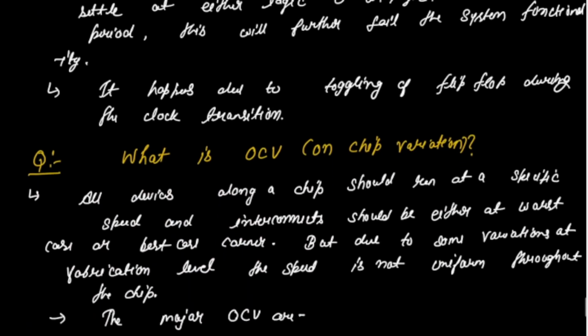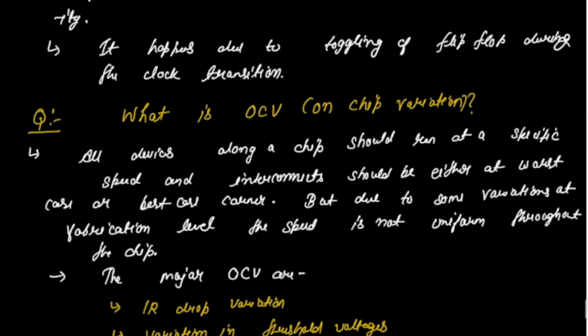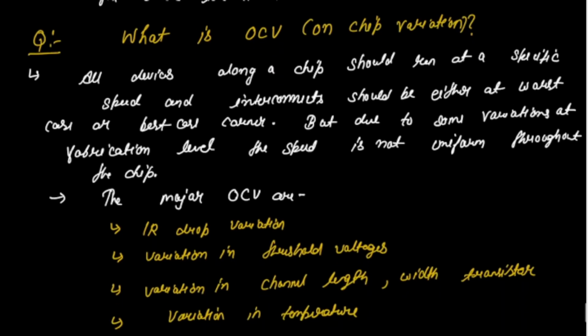Next question is, what is OCV? On-chip variation. All devices along a chip should run at a specific speed and interconnect should be either at worst case or best case corner. But due to some variation at the fabrication level, the speed is not uniform throughout the chip because of the OCV, on-chip variation.